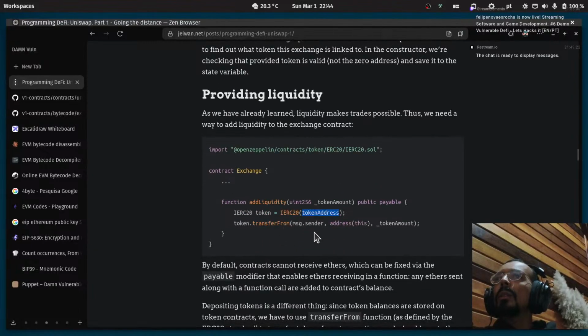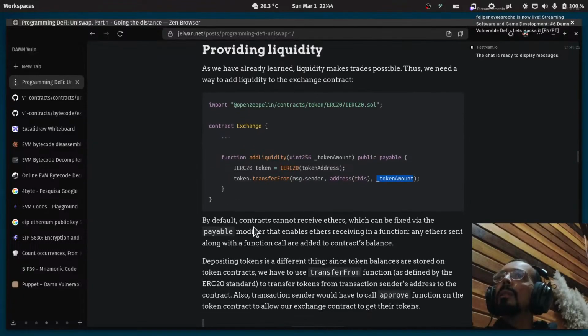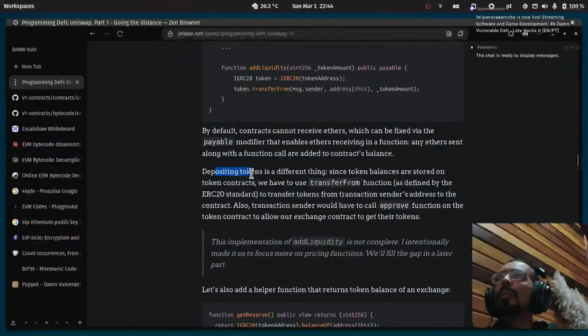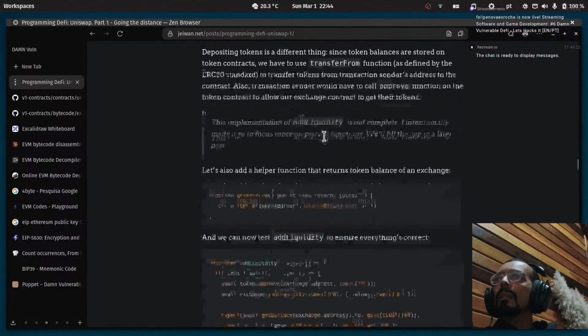So here, the token that makes the pair, amounts and transfer from the sender that did the approval to this. By default, contracts cannot receive ethers, which can be fixed via the payable modifier that enables receiving ethers in a function, and ethers sent along with the function are added to the contract balance. Depositing tokens is a different thing. This token balance or store, etc.